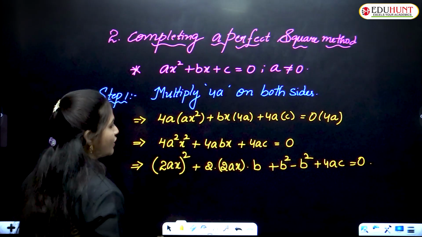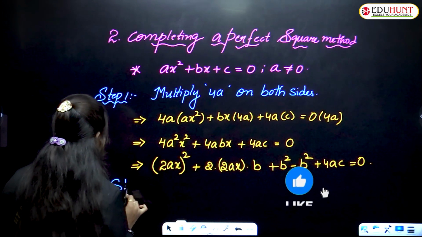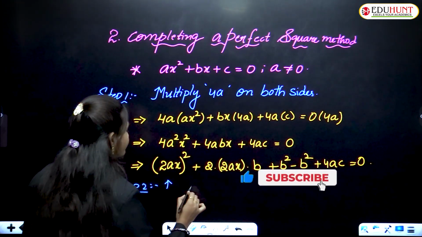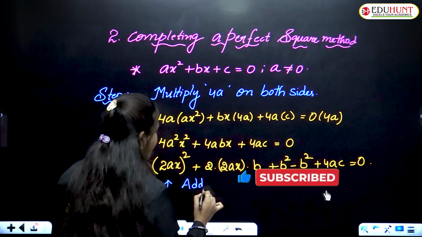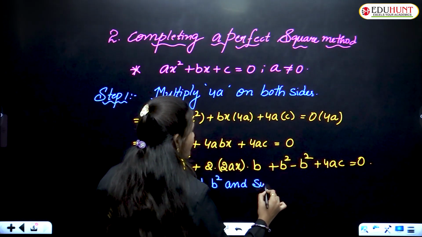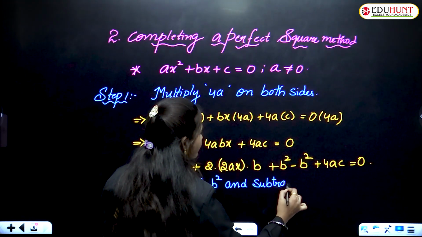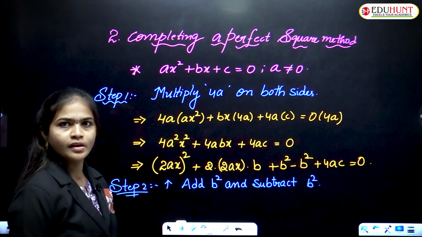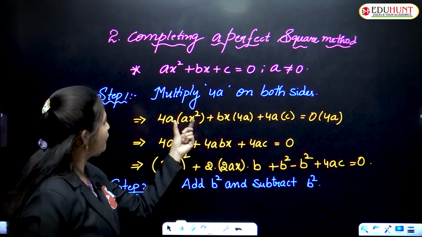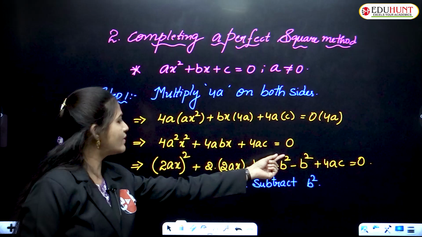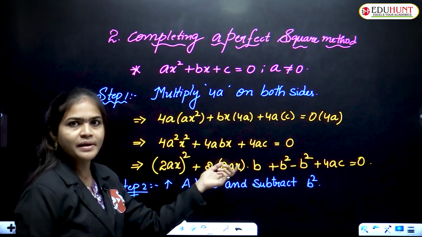So step 2, what did we do here? Add b square and subtract b square. This is the second step. So the first step is multiply 4a on both sides. After simplification, add b square and subtract b square.